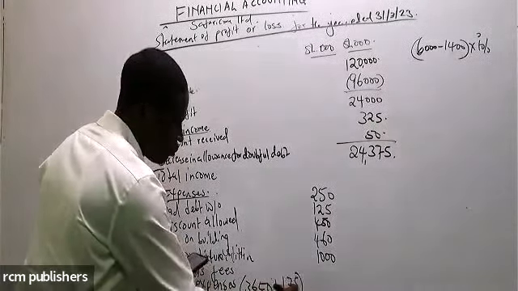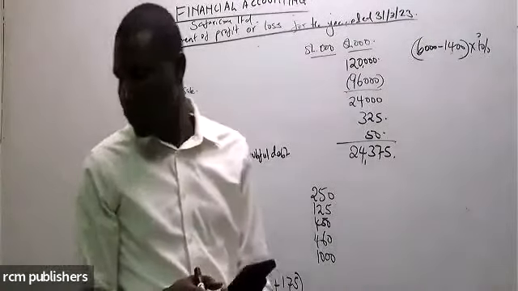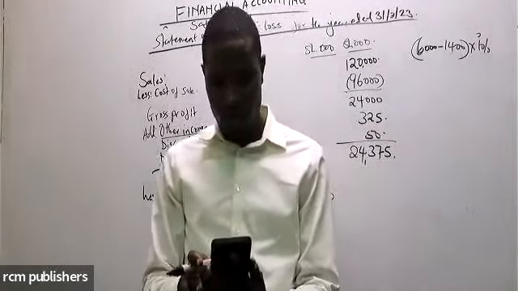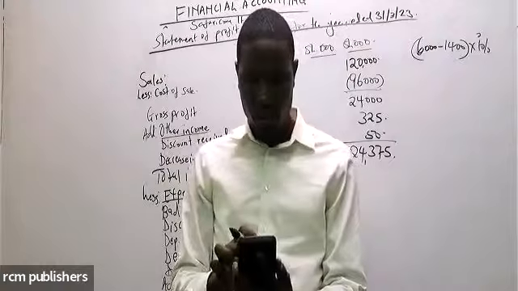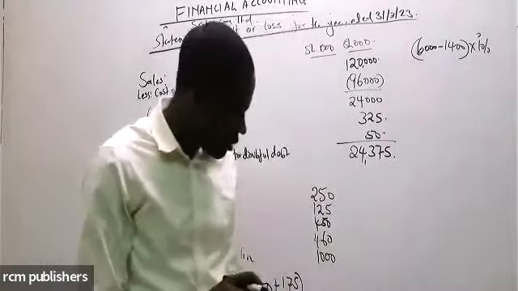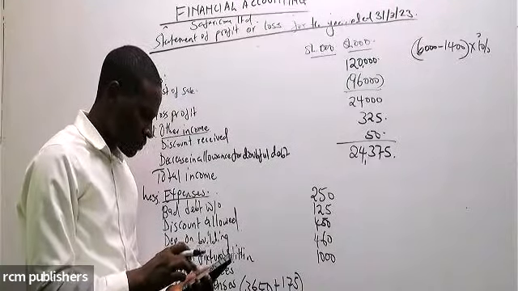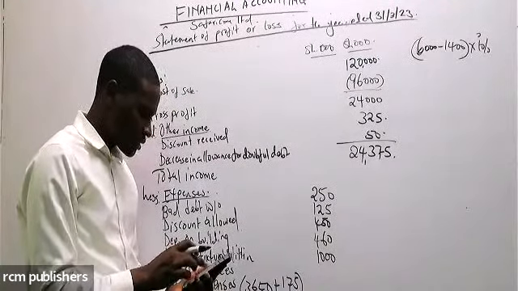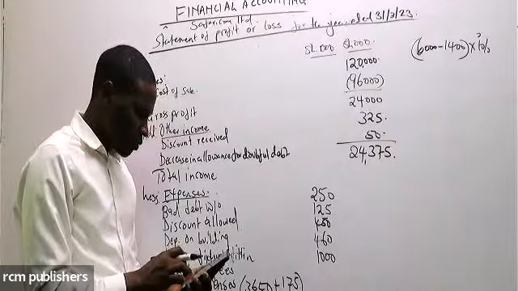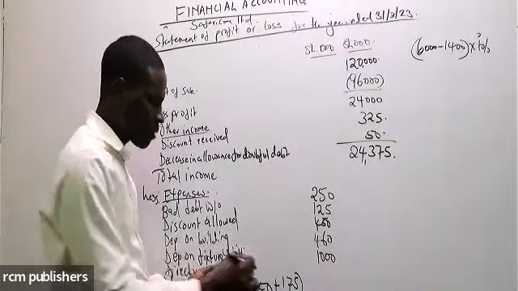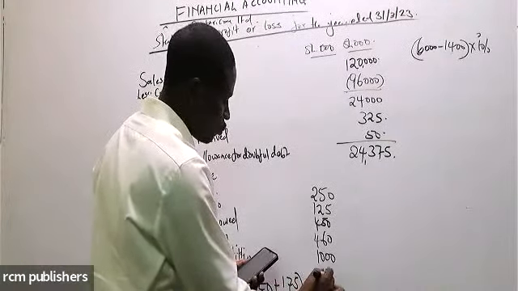When you add the two, what are you getting? 3,650 plus 175, I'm getting 3,825.